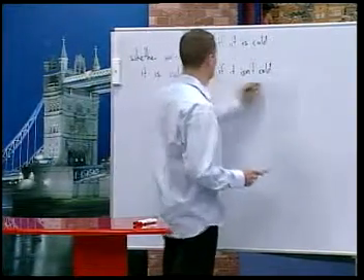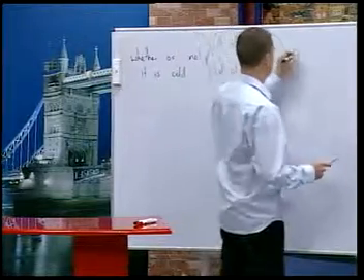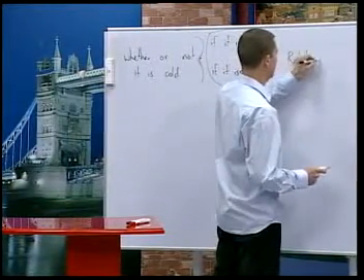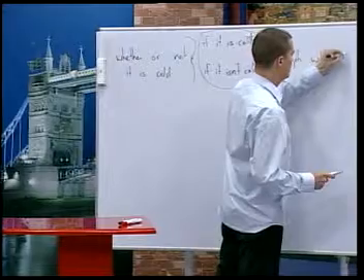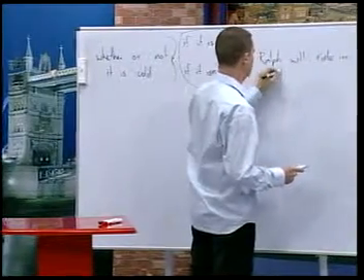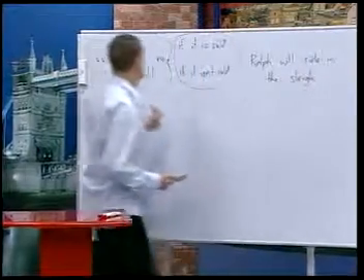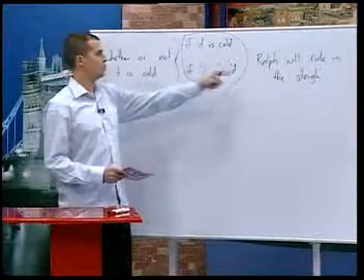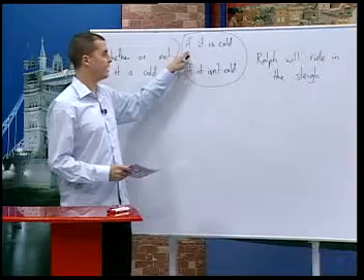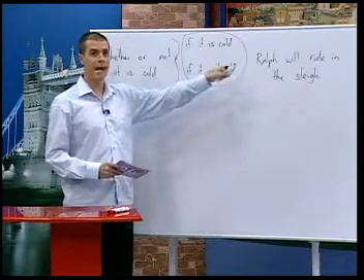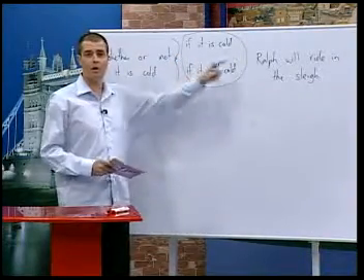So think of it like this: Ralph will ride in the sleigh. So, whether or not it is cold, Ralph will ride in the sleigh. It means if it is cold, Ralph will ride, and if it isn't cold, he will ride.